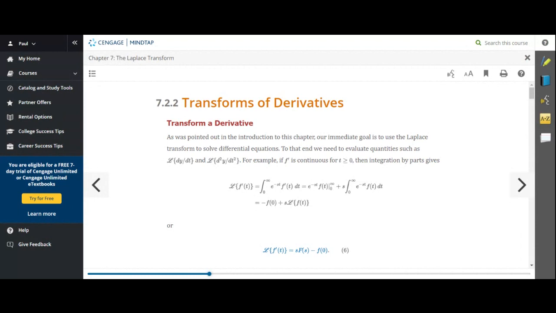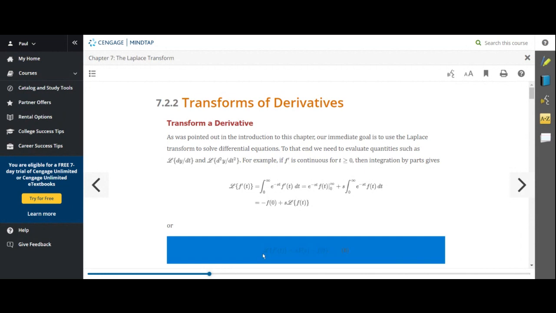The Laplace transform of f prime of t is equal to s times the Laplace transform of that function minus f of 0.